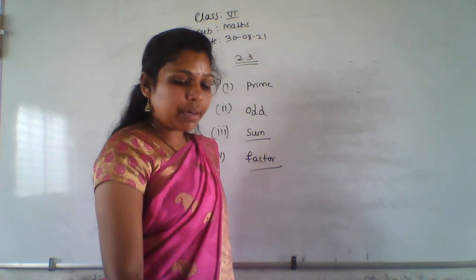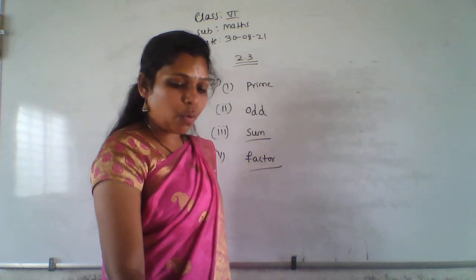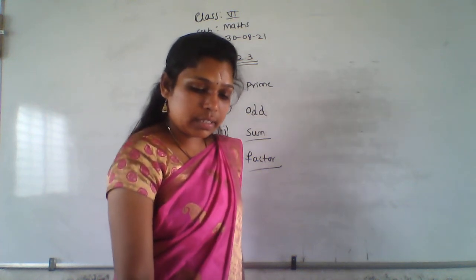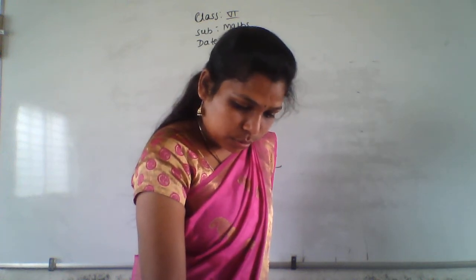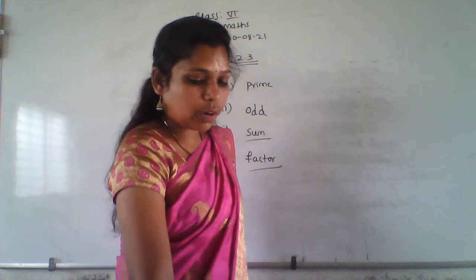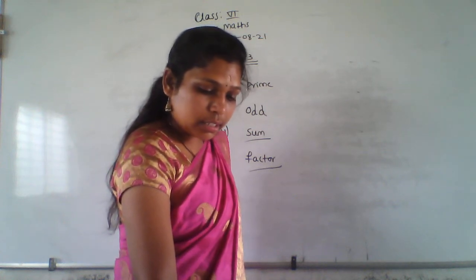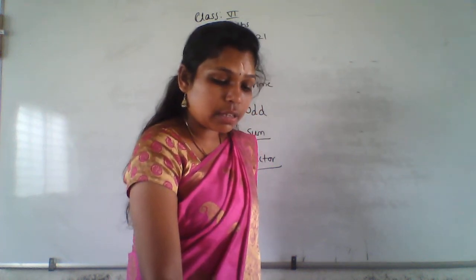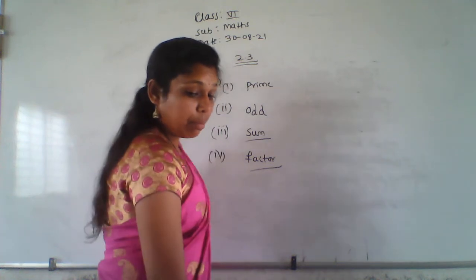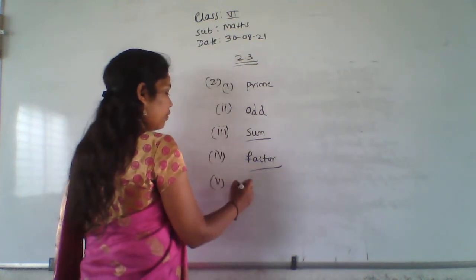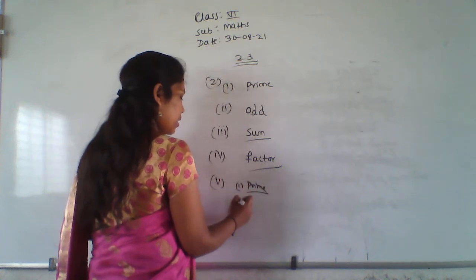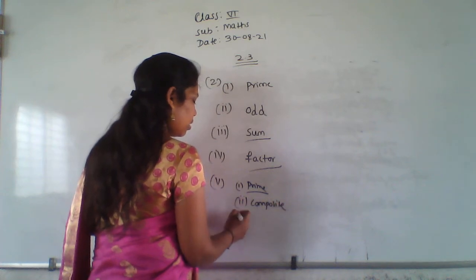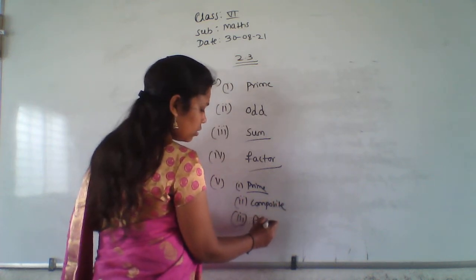Fifth one. A number more than one that has only two factors is called a prime number, and a number more than one that has more than two factors is called a composite number, and also all even numbers except 2 are composite.